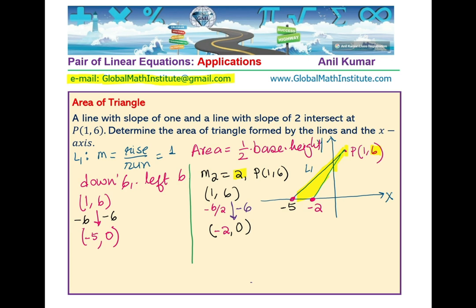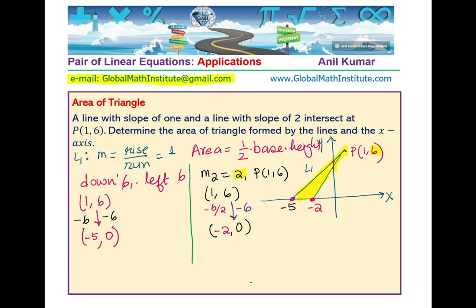So in that case, you could find the y-intercept just by changing x value by 1 unit. So if the slope is 1, y value will also reduce by 1. But if slope is 2, then the y value will reduce by 2, right?